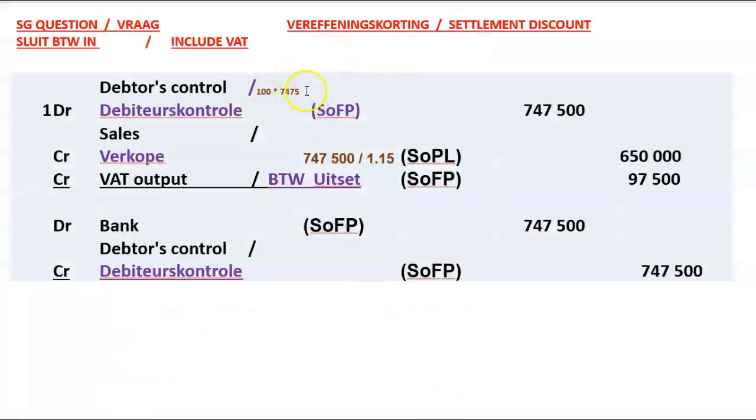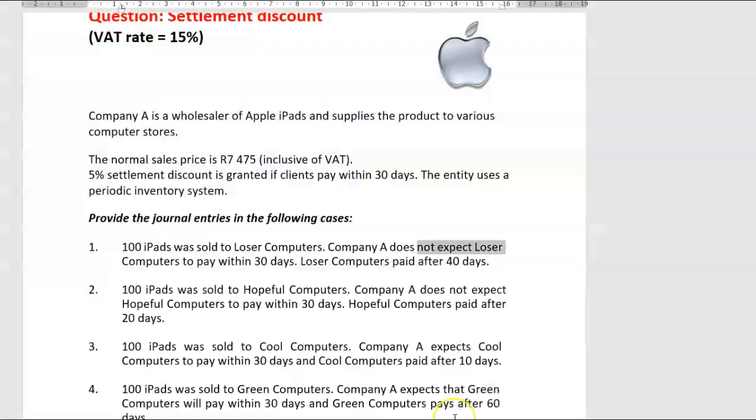So 100 times 7,475 is going to be debited, that's the invoice value, against our debtors control account, 747,500. I'm going to take out the VAT, and post to my sales account, statement of profit or loss, 650,000, and I'm going to post the VAT on the invoice to my VAT output account, 97,500.